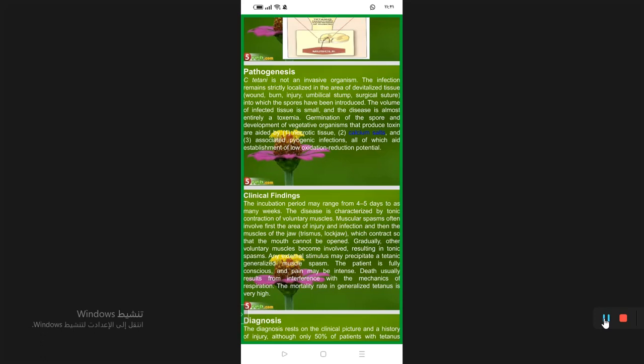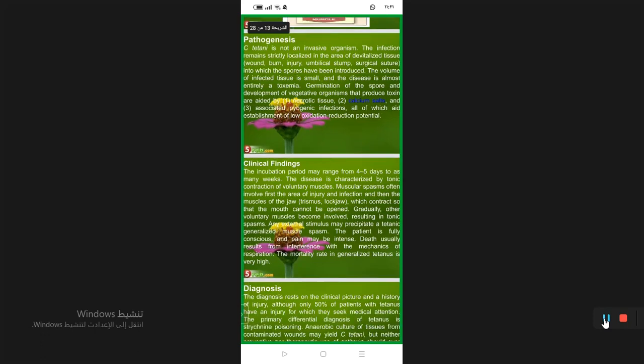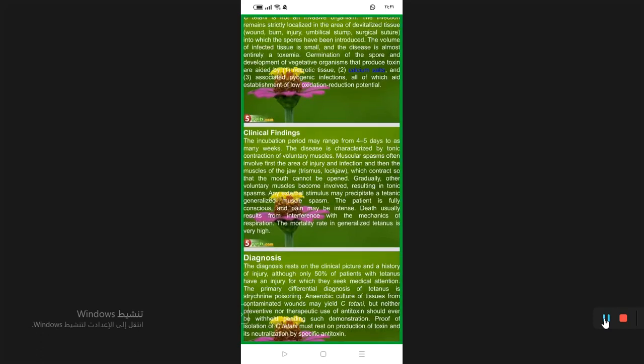Clinical findings: the incubation period may range from 4 to 5 days to as many weeks. The disease is characterized by tonic contraction of voluntary muscles. Muscular spasm often involves first the area of injury and infection, and then the muscles of the jaw, causing lockjaw, which contract so that the mouth cannot be opened.